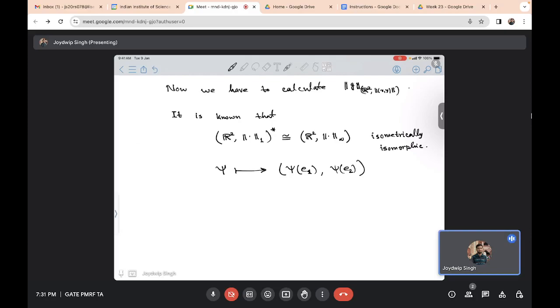So using this one we can compute the norm of G. Here it is saying that the norm of psi in the dual norm is the same as the maximum of mod psi E1 comma mod psi E2.